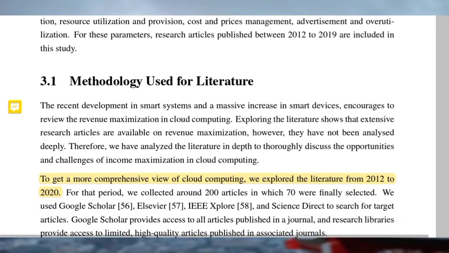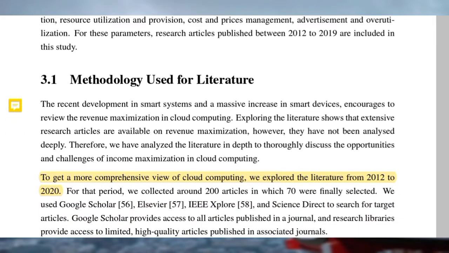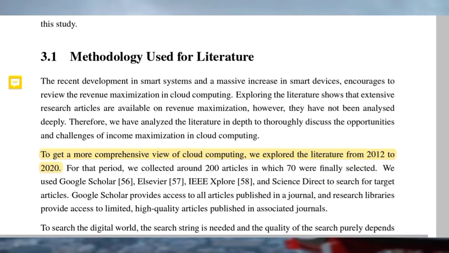The second thing is the methodology used for the literature. What does methodology mean for the literature? Here the methodology means how we are going to conduct the literature review, how we planned it, what we have to include in our literature and what we have to exclude, what type of paper, and the time period.